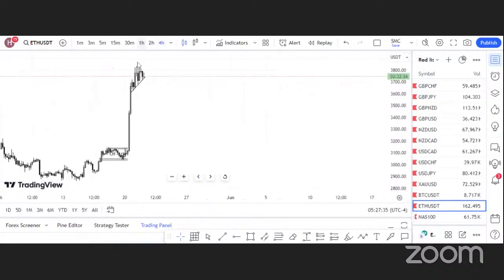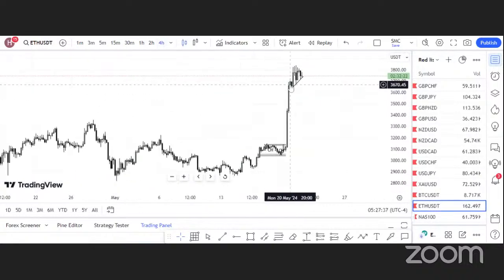So let's go to the 4-hour time frame. I want to see why we have this movement here.